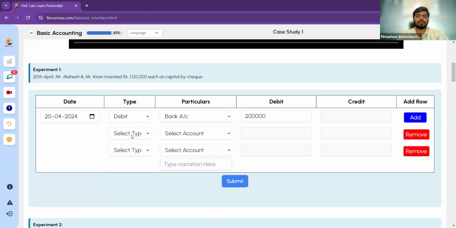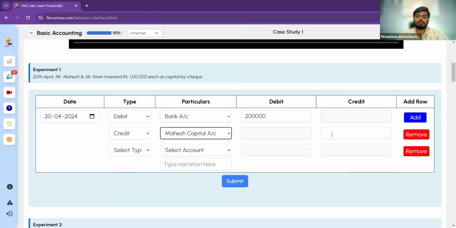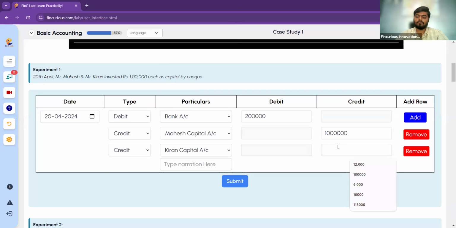Again add row. Here you can credit Mahesh capital account with 1 lakh rupees, and credit again Kiran capital account, again 1 lakh rupees. Now narration: being capital introduced by the partners.